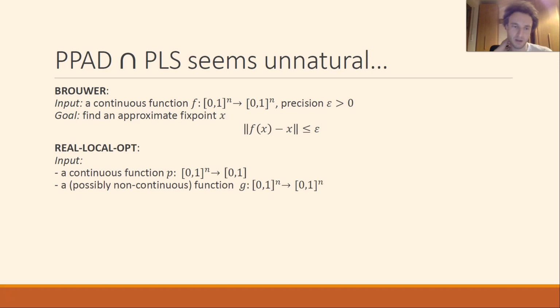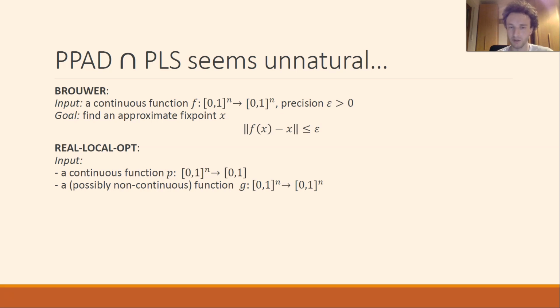And for our problem B, we're going to take the PLS-complete problem, Real Local Opt. We're given in the input two functions. First, a continuous function p mapping the unit hypercube to the 0-1 interval, and then a function g from the unit hypercube to itself, which, importantly, does not have to be continuous.